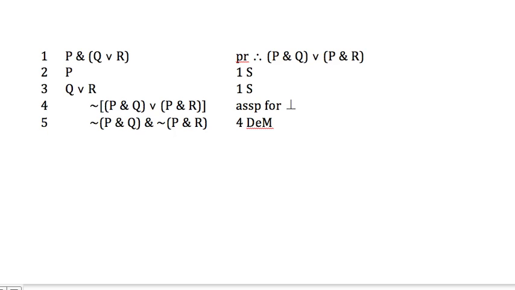Now we can simplify. We get not P and Q, 5 simplification. We get not P and R, same way.